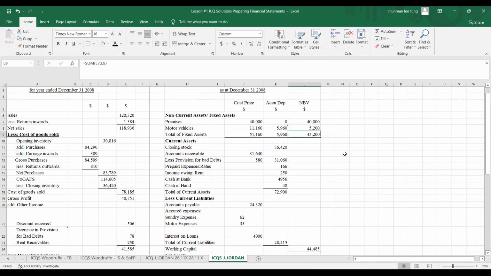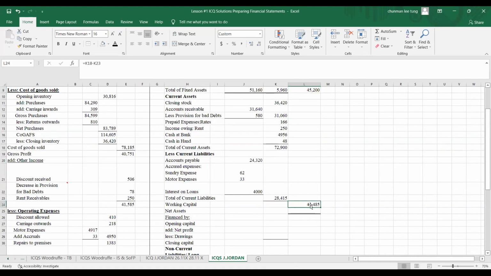I will point out all the possible mistakes that I would have heard over the years from students, if they forgot to do this or did not come for that. I'm giving you all what you'll need to look out for. When there's a total of fixed assets and a working capital, we have to add it to get our net assets figure, as well as our balancing figure to know if we are correct.